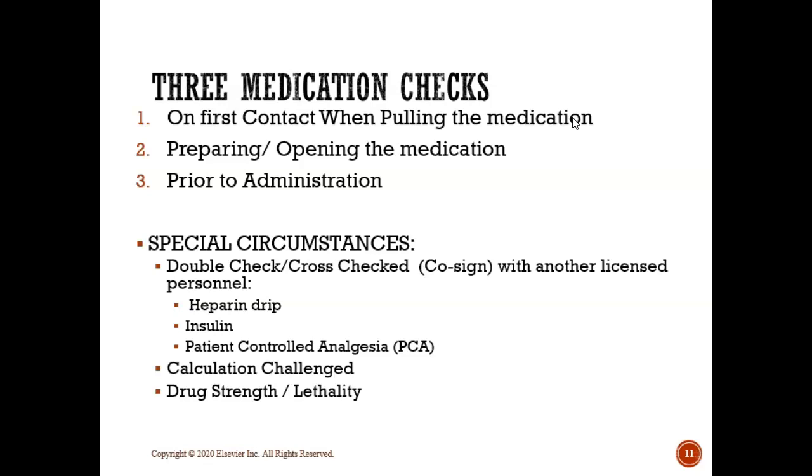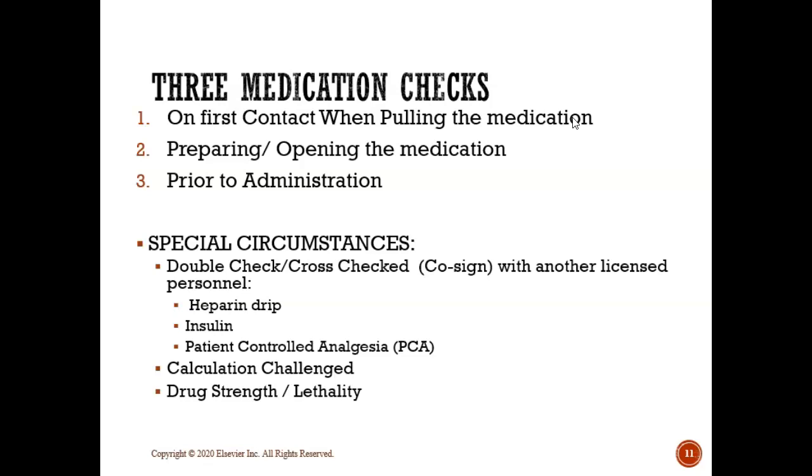And again, you may need somebody else to co-sign or double check with you when it comes to medication orders with a very high dose, so the strength is really high or the lethality is very high. With those kinds of medications, you don't want to make a mistake, right? So you want to make sure you double check that with another person if possible, as much as possible.